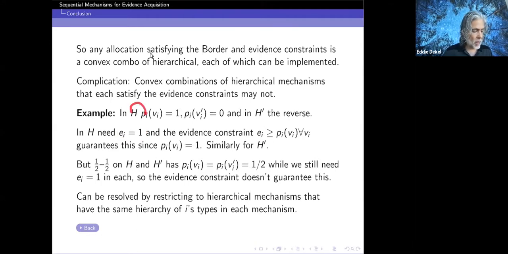So if the evidence constraint is satisfied, in other words, if EI is greater than PI of VI, since PI of VI is 1, EI has to be 1, and we're asking person I first, and we need to because we want to give him the good sometimes with probability 1.